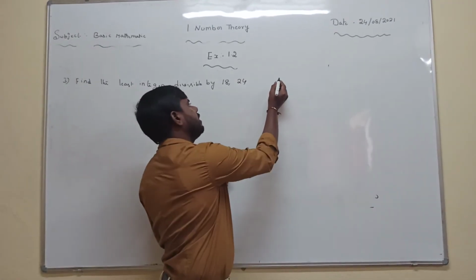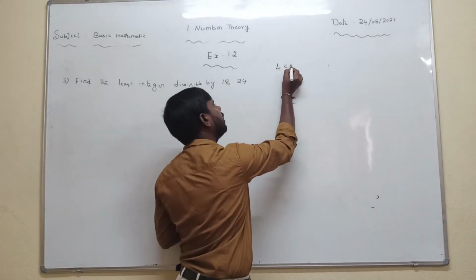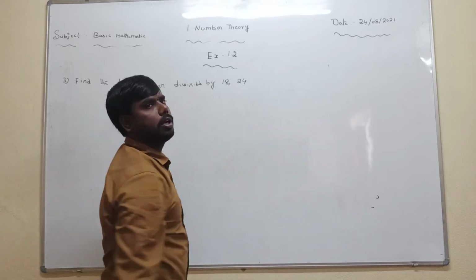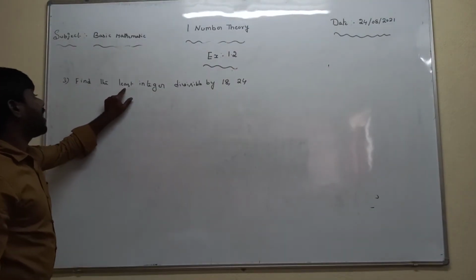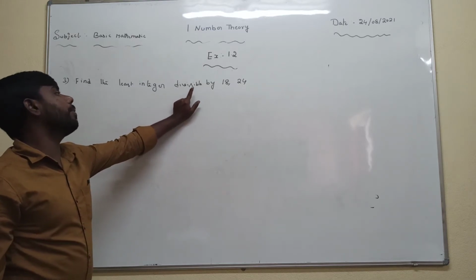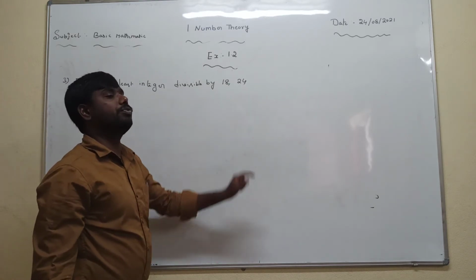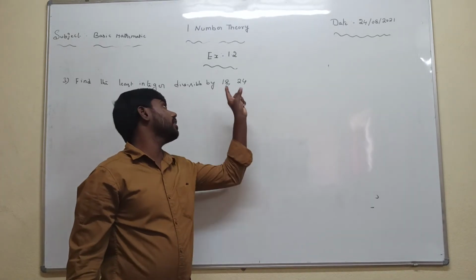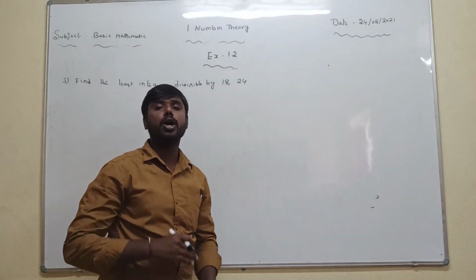Observe here, LCM is nothing but least common multiple. But here, is "least" there or not? Find the least integer divisible by 18 comma 24. Which method do we apply here? Find the LCM of 18 comma 24.